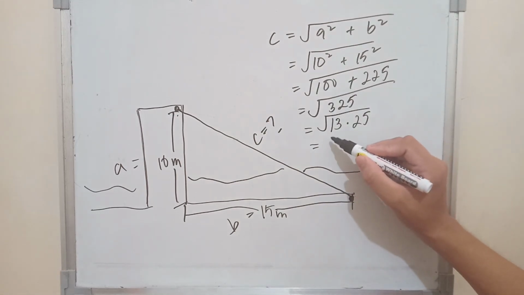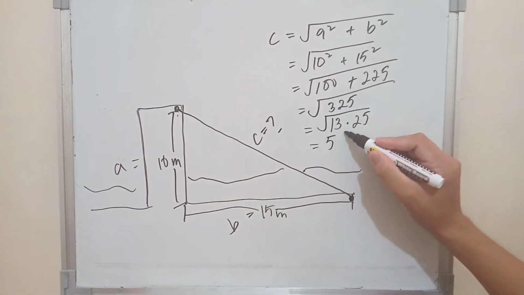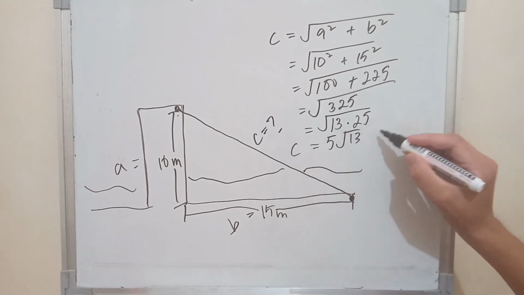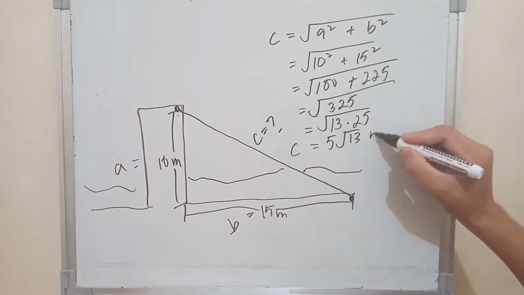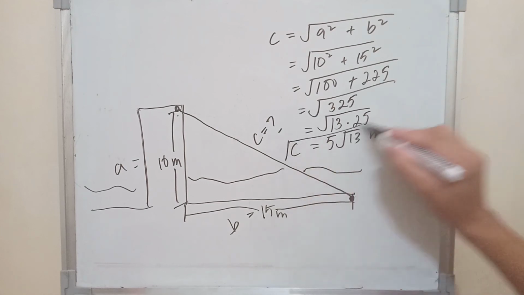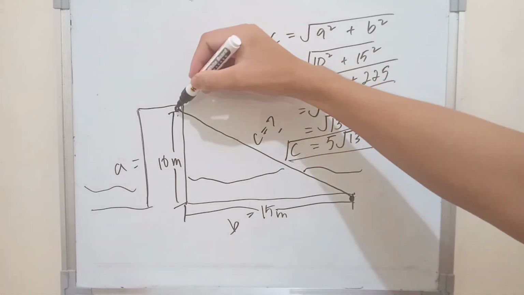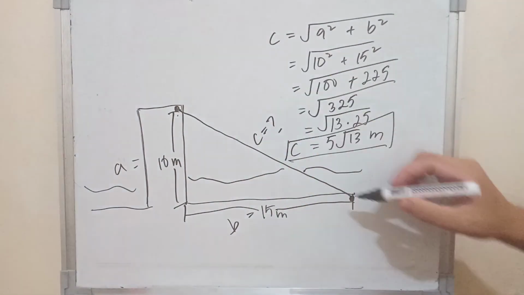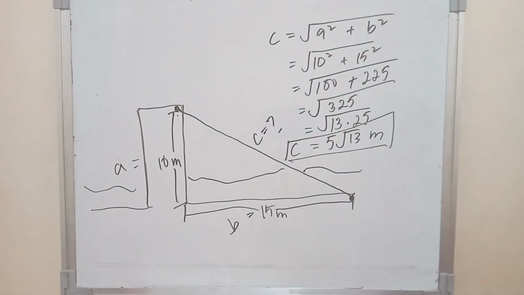So, 5 the square root of 13. So, C equals 5 the square root of 13 meters. So, yan po yung sukat ng cable sa dulo ng port at dito. So, yan po ang isa sa mga application na pwede nating magamit ang Pythagorean Theorem.